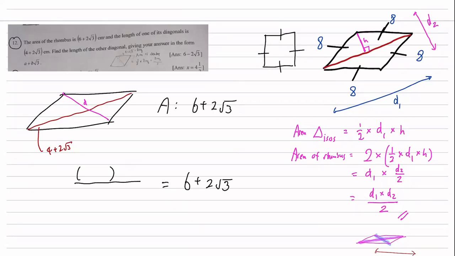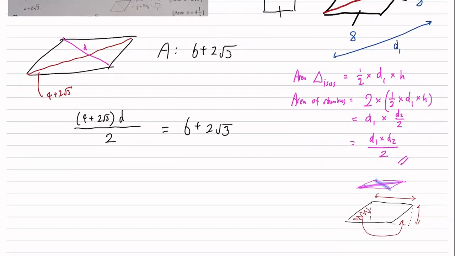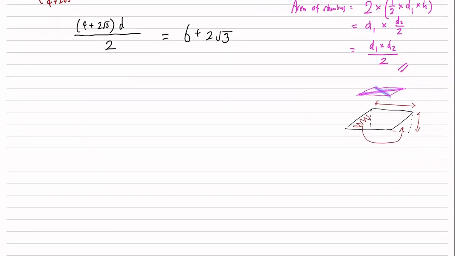Equal to 4 plus 2 root 3 over 2, times D. Yes, very good. Exactly. Okay, good. Then you just need to solve for D now. So yeah, this is the challenging part. I think this is the most challenging part. The rest is all quite okay. Correct, times 2.